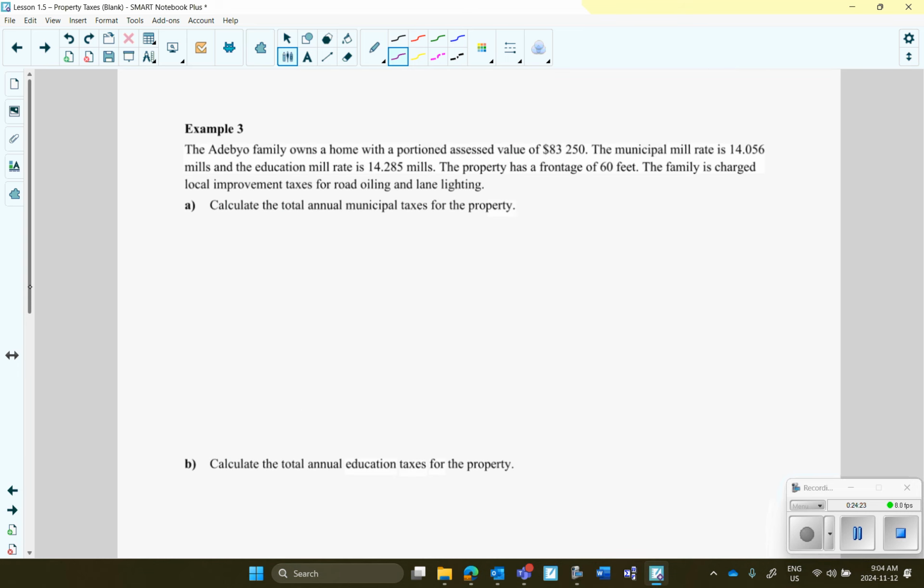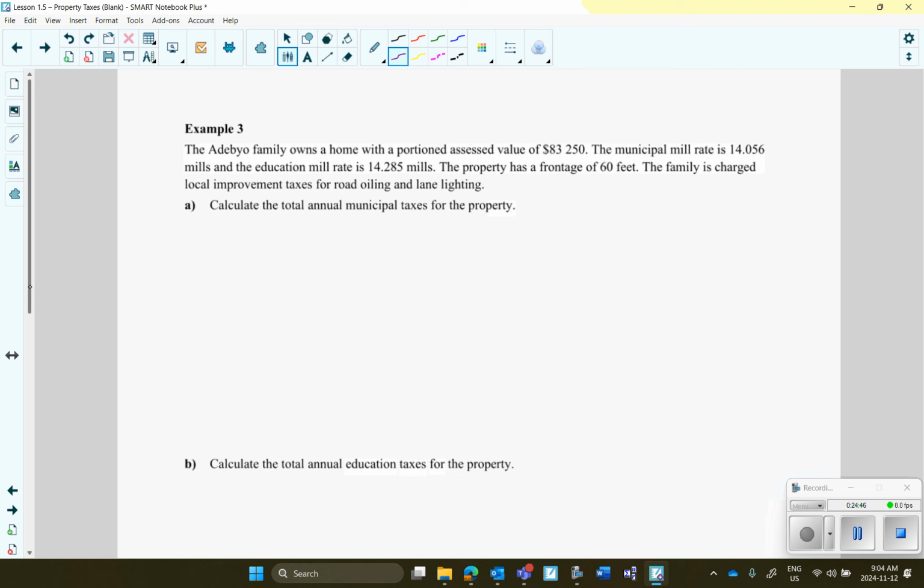Anyway, just another similar example, just to get the hang of it. This family owns a home, portion assessment of $83,250. The municipal mill rate is 14.056. The education mill rate is 14.285. Their property has a frontage of 60 feet.